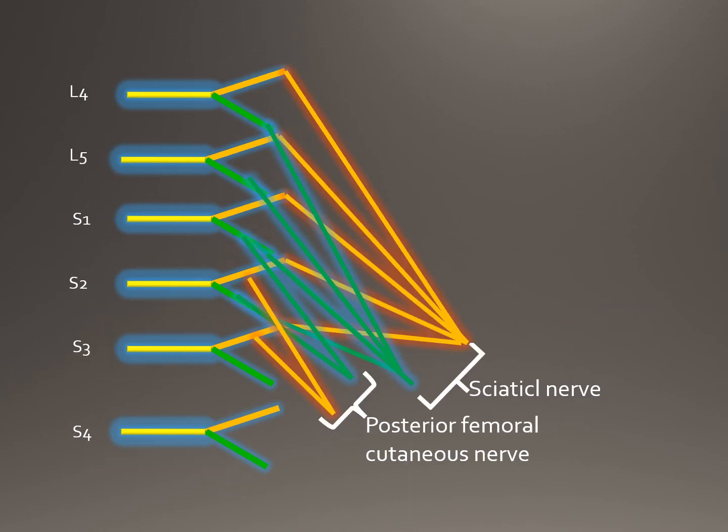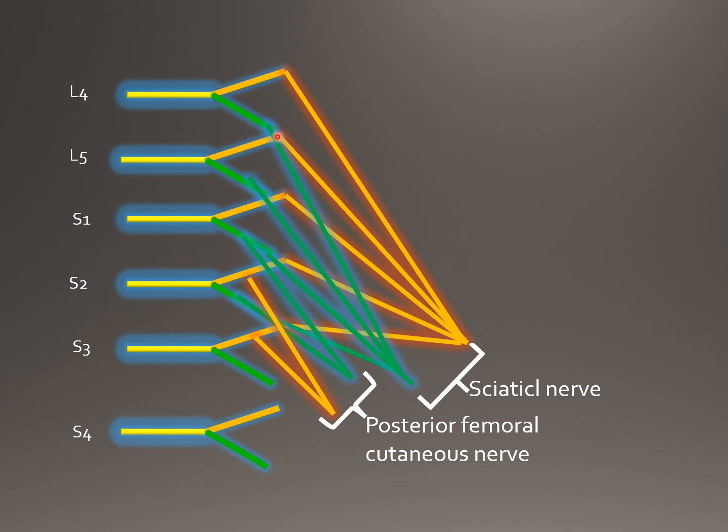Then the next branch has both dorsal branch and ventral branch of ventral rami. These two components join and give a nerve, that is sciatic nerve. That is, ventral branch of ventral rami of L4, L5, S1, S2, S3 joins to give tibial component of sciatic nerve.